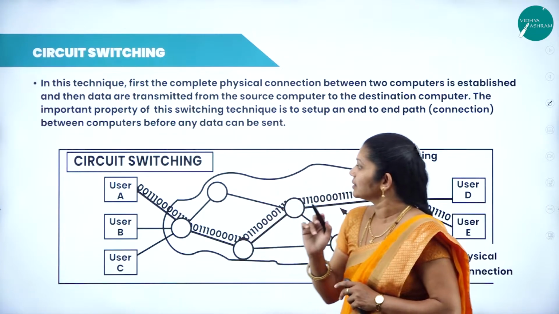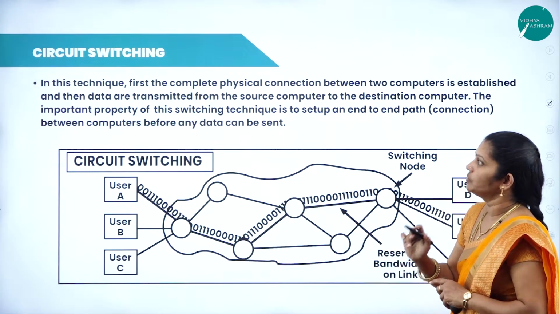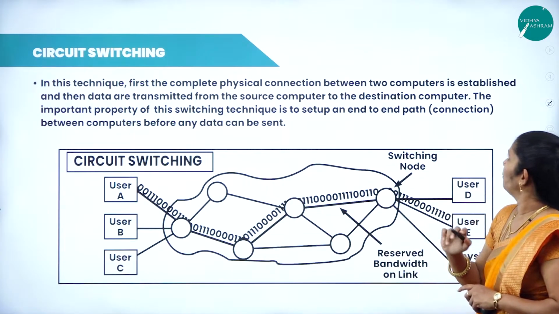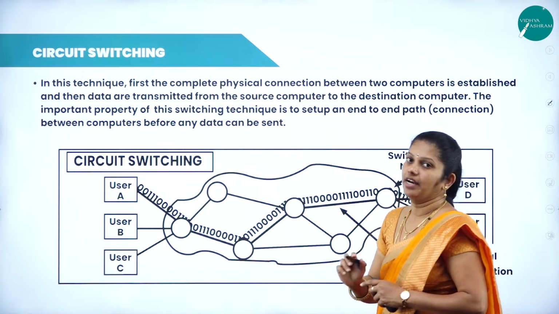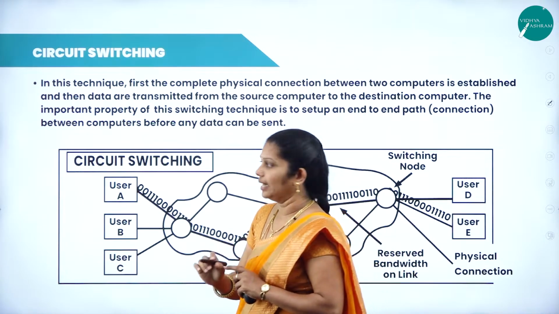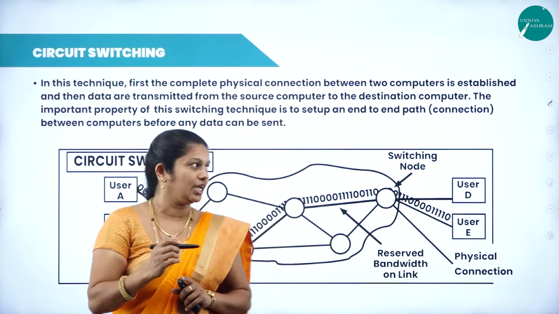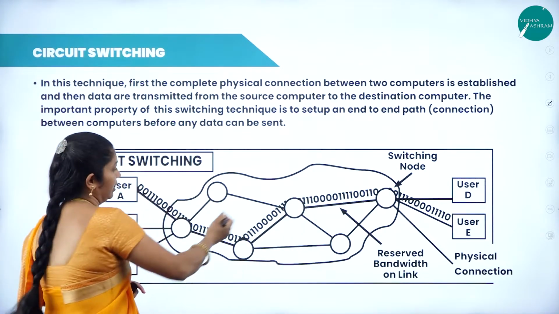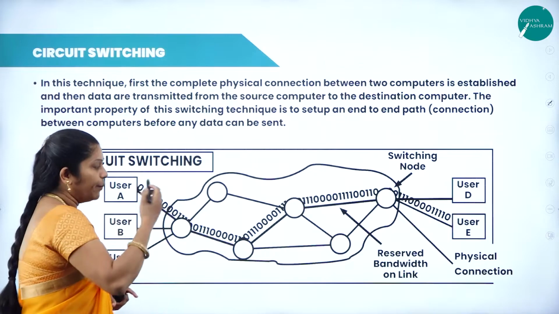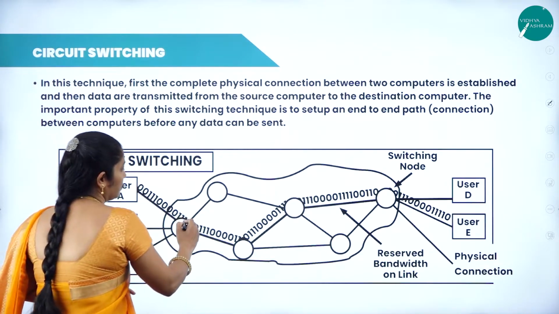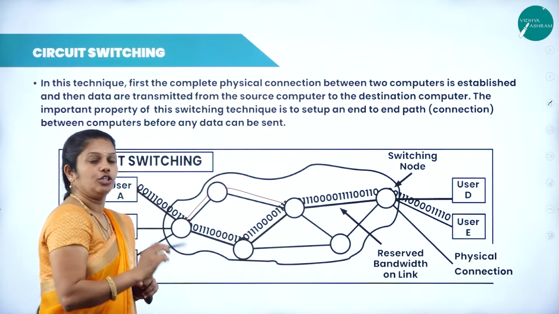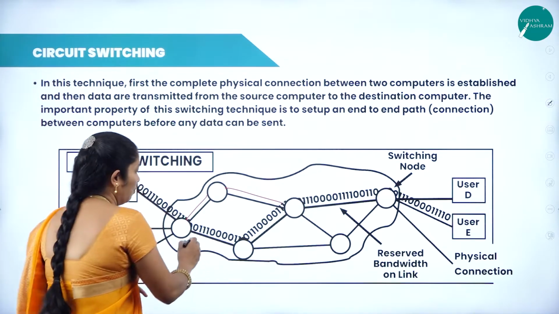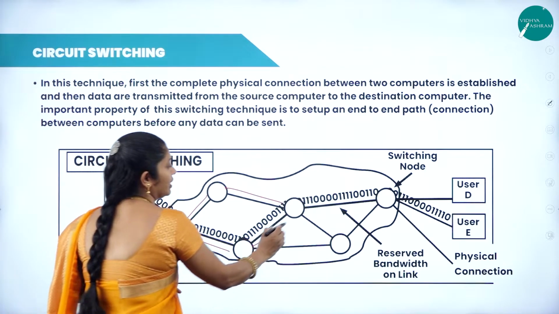What do you mean by circuit switching? In circuit switching, first the complete physical connection between two computers is established before sending the data from source to destination. Consider this is the source, and I want to transfer to the destination. Before transferring the data, we have to connect to each other. We have to establish a connection from where to where we are transferring.